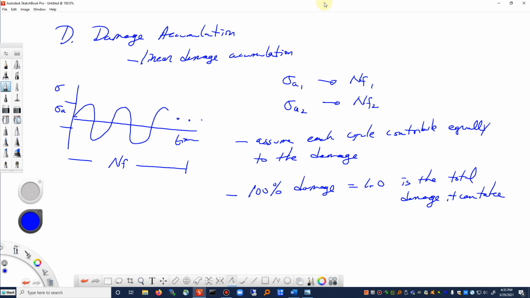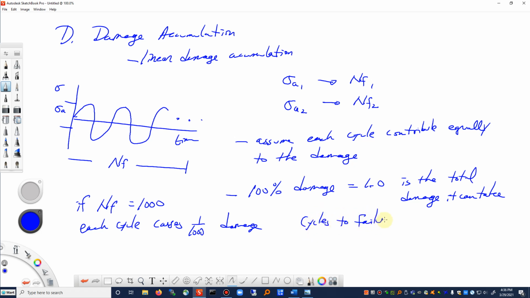Well, if we had 1,000 cycles, each of those cycles, if they contributed equally, contributes 1/1000th of the damage. So if we take the number of cycles times the damage per cycle, we get 1 for our constant amplitude loading.